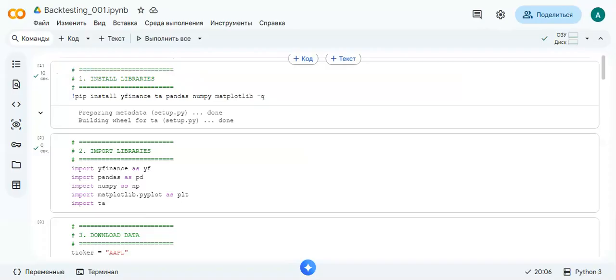So I already selected five key financial assets which will be similar for each video, and then we can compare how the different strategies behave for different types of financial assets.